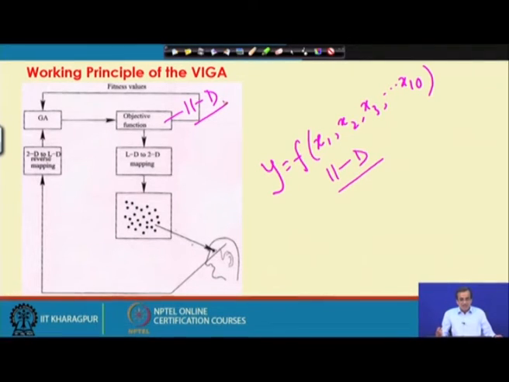So, for the purpose of visualization, this 11 dimensional data we try to map to 2 dimension. And how to do that? This method I have already discussed: we can use some nonlinear mapping tools like Sammon's nonlinear mapping or VisoR algorithm or self organizing map.